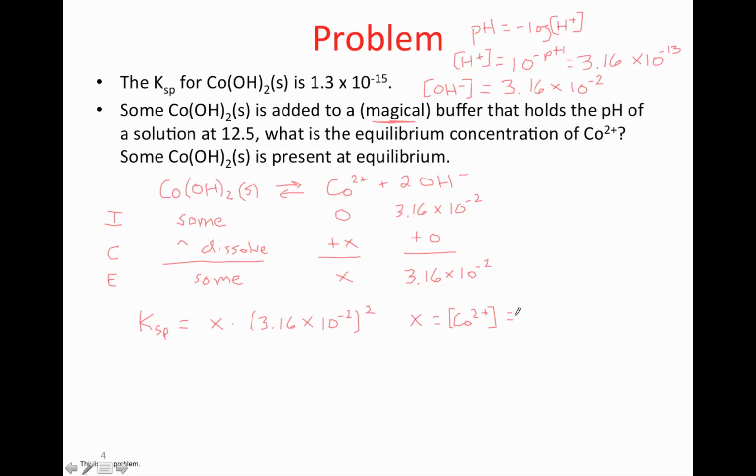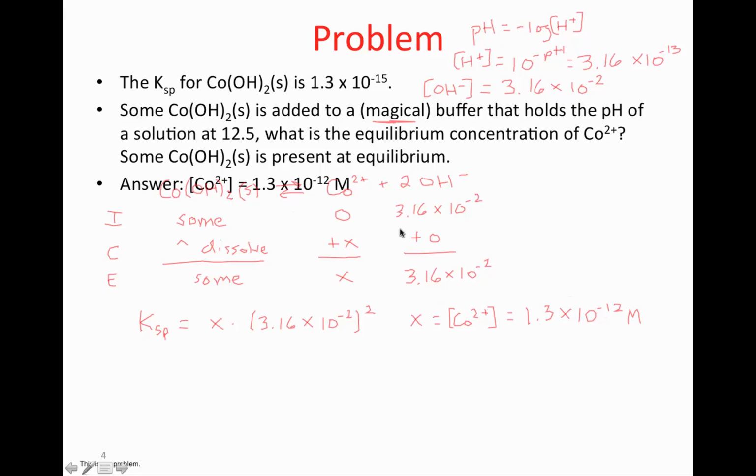Let's take 1.3 times 10 to the minus 15 and divide that by 3.16 times 10 to the minus 2, squared. I'm going to get 1.3 times 10 to the minus 12 molar. That's a pretty low concentration, but that's what it predicts, and the answer is 1.3 times 10 to the minus 12.